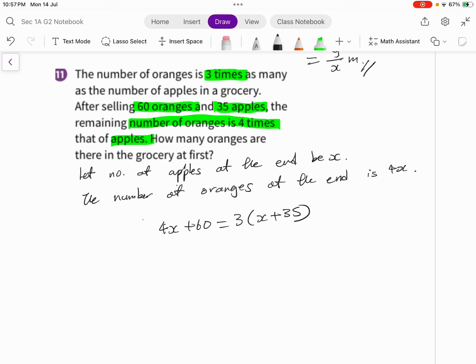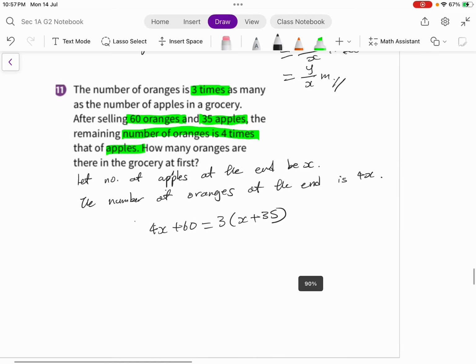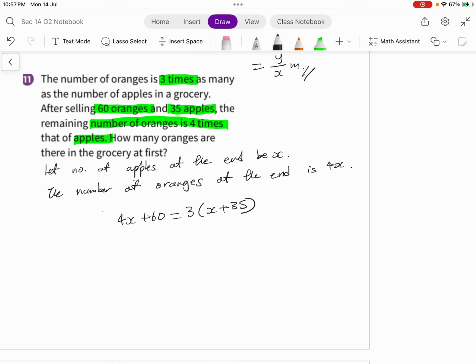Right, so if you're having trouble visualizing, at the end, your oranges to apples is 4:1.